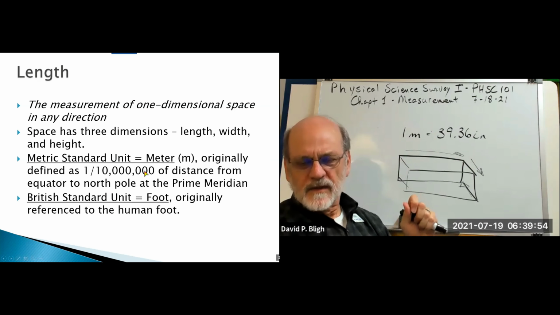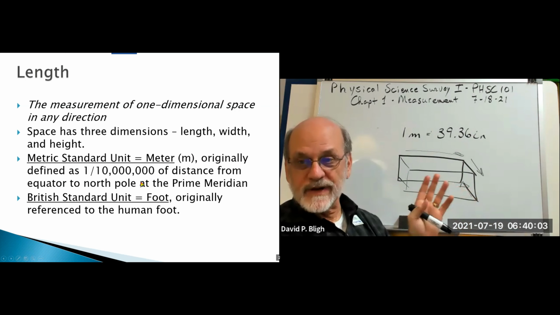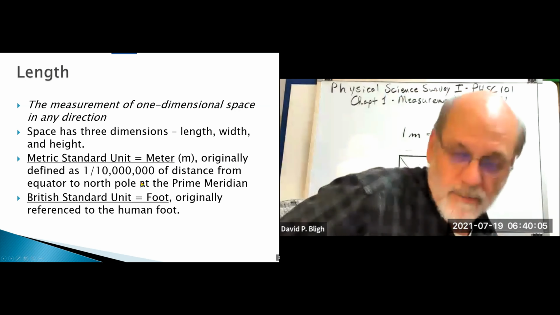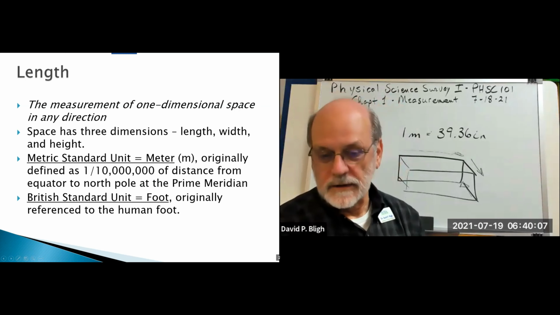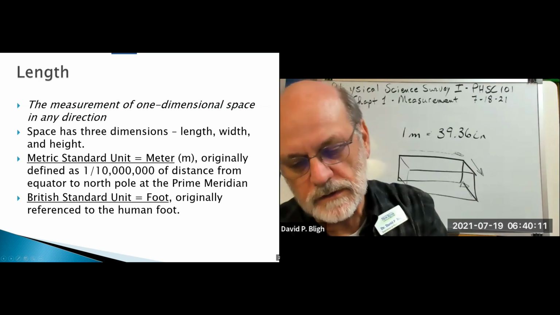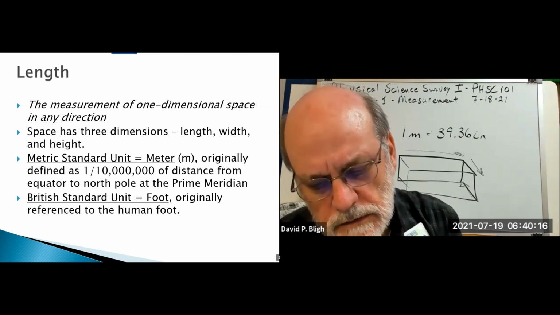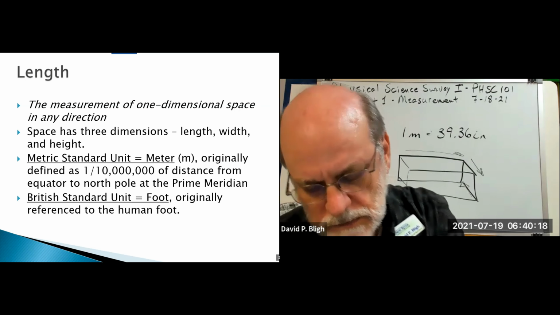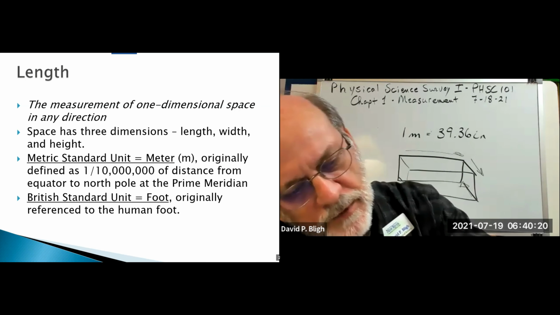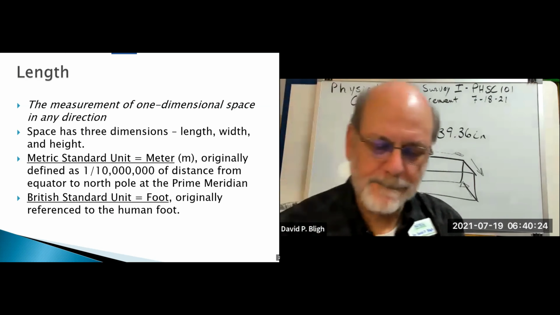Now, originally, the meter was defined in terms of the distance between the equator and the North Pole along the prime meridian. Now, we haven't studied the prime meridian yet. We will in chapter 15.